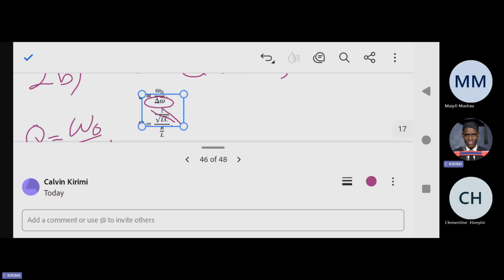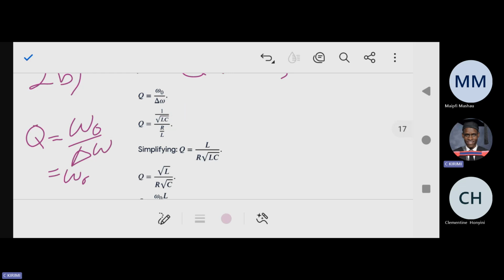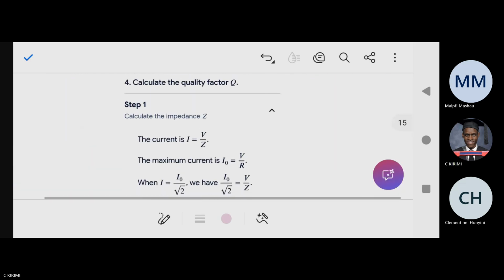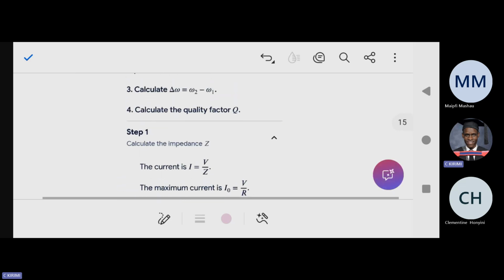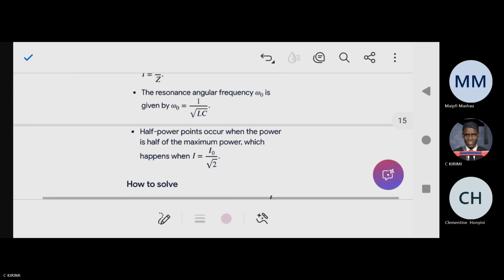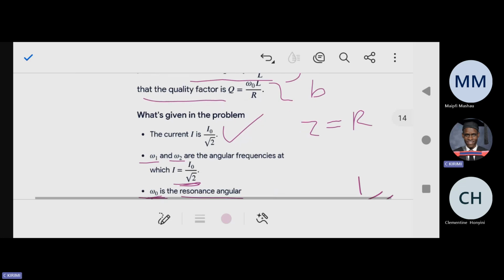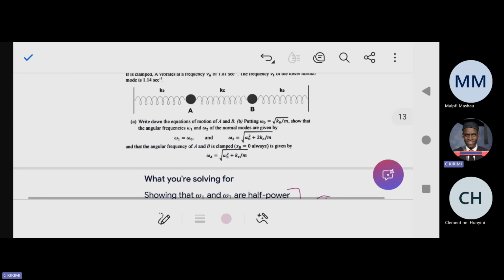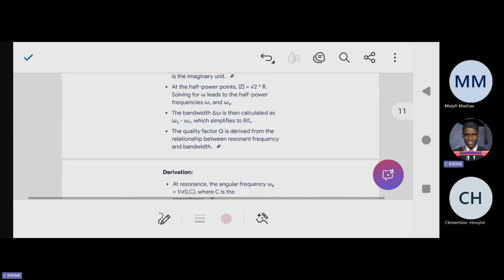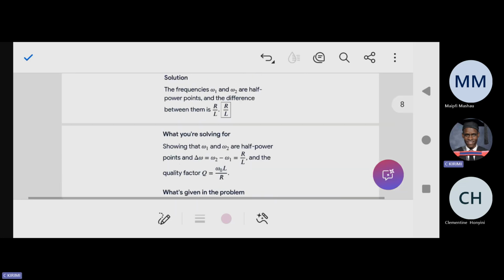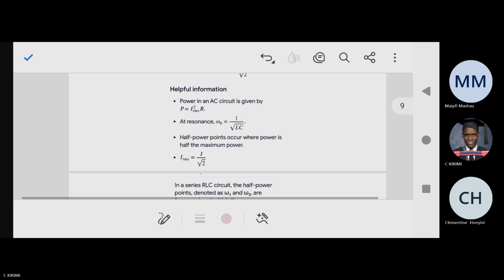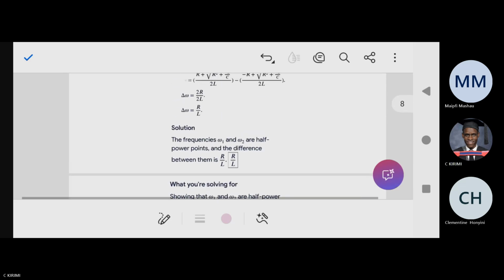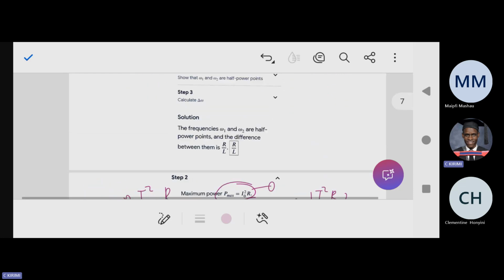So if there's something that you are still not understanding, check this formula which I showed you here for W naught, which was the angular resonance frequency, which was 1 over root of LC.